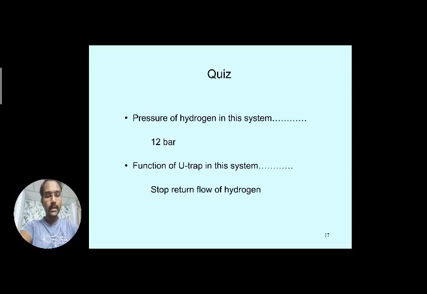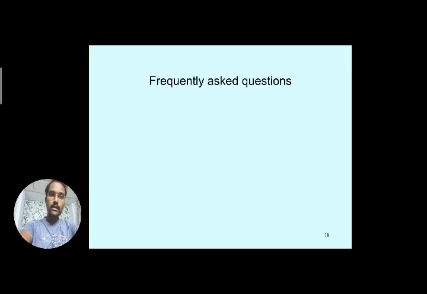The hydrogen is present in the evaporator, then enters the absorber, and back to the evaporator, so it circulates in these two components only. It should not come back to the condenser, so the U trap must be placed. That is the function of the U trap. So these are a few quiz questions for you. If you answer them, I hope you will understand it very easily.